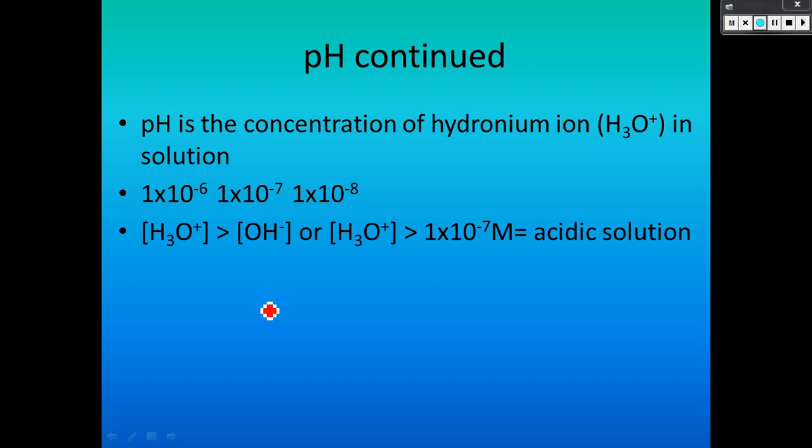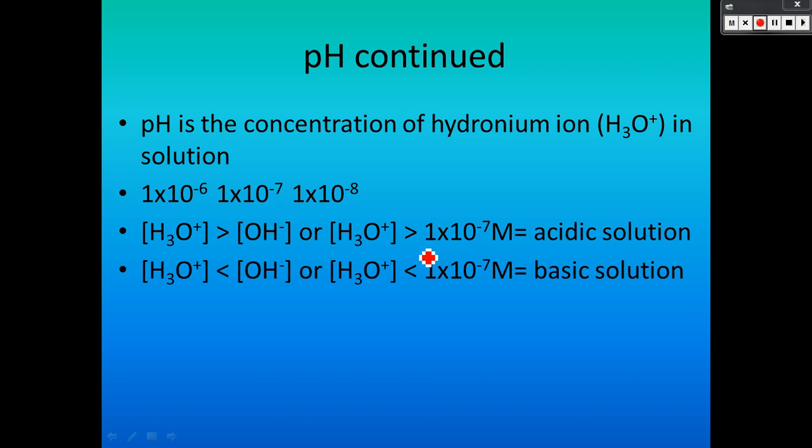That must be next. So if the concentration of hydronium is greater than the concentration of hydroxide, or the hydronium ion concentration is greater than 1 times 10 to the negative 7th molar, that's an acidic solution. If hydronium ion is less than hydroxide, or hydronium ion is less than 1 times 10 to the negative 7th molar, that's a basic solution.